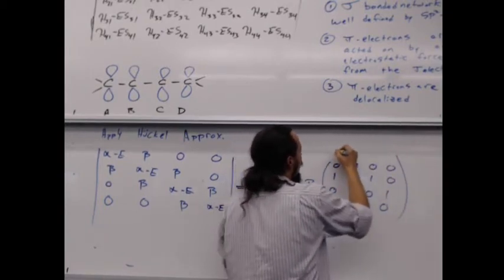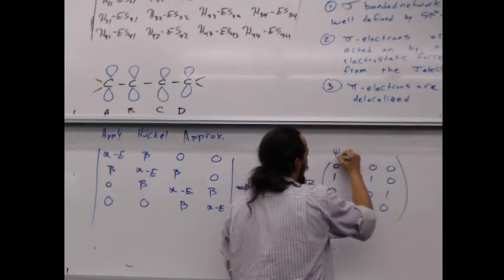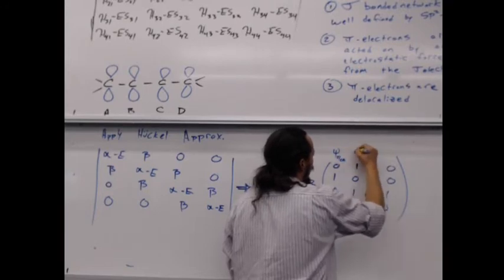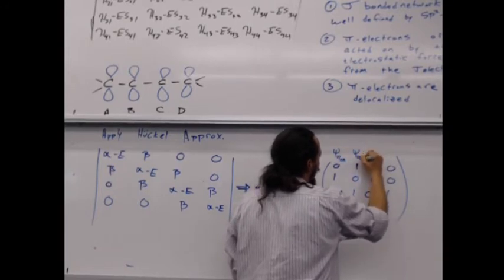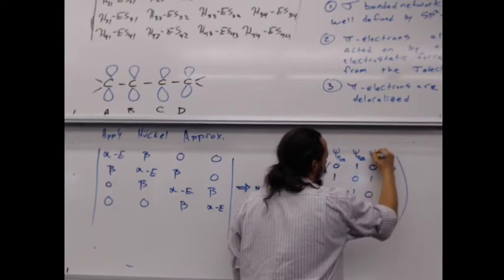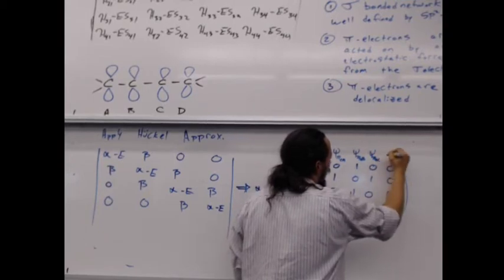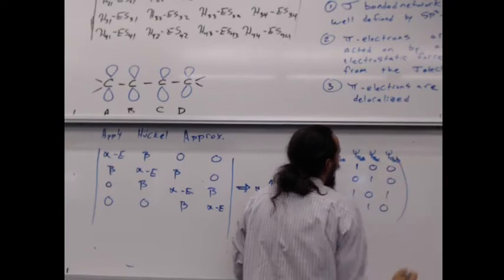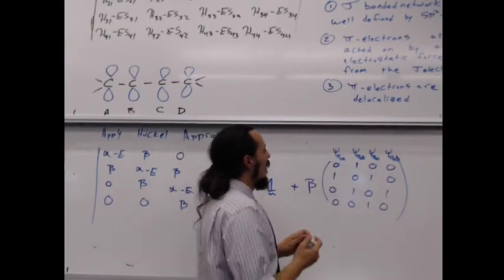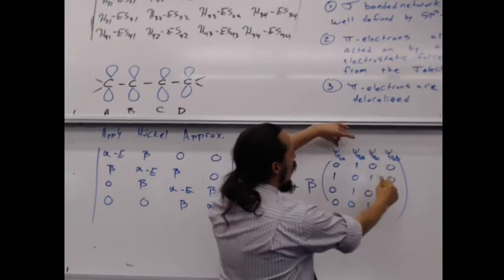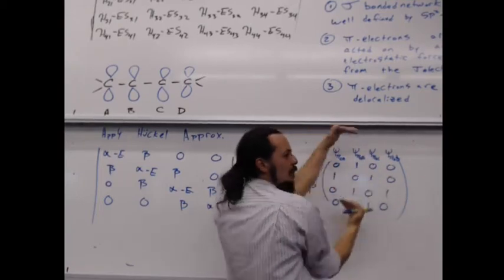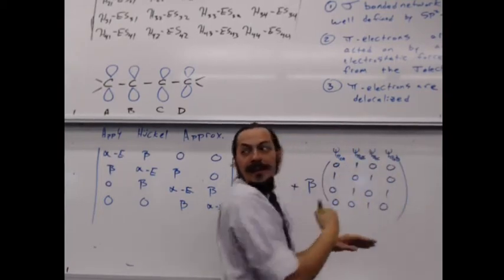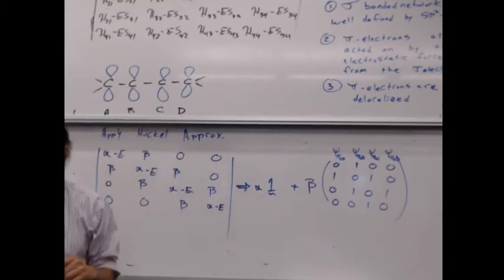So this is psi 2pzA, psi 2pzB, psi 2pzC, psi 2pzD. And what I want to find is what combinations, how do I add these rows together, subtract them, multiply them by some value to get that to be diagonal.